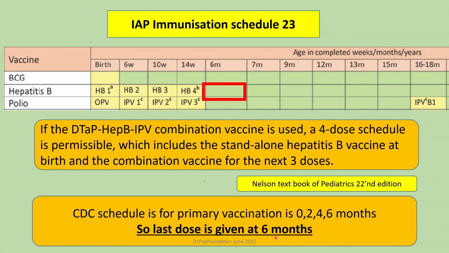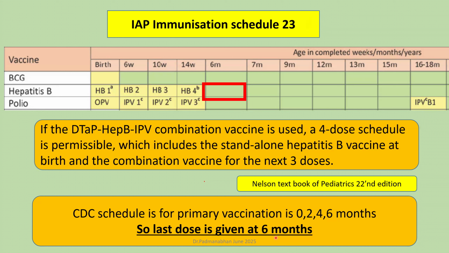But then 6 weeks, 10 weeks, 14 weeks alone may not be enough. 6 months should be the last dose, which may not happen. Therefore, what we are doing in our place, giving a booster dose at 1.5 years, may be worthwhile. But the problem is you are giving the 5th dose. You just cannot add on doses. And when you are giving it to healthy children, whatever side effect may develop may have medico-legal significance.